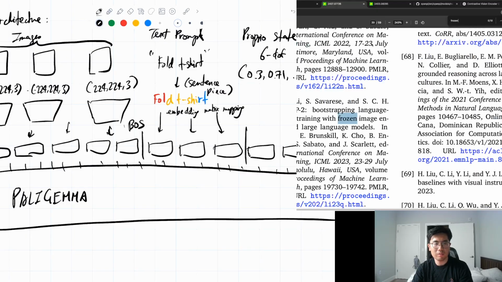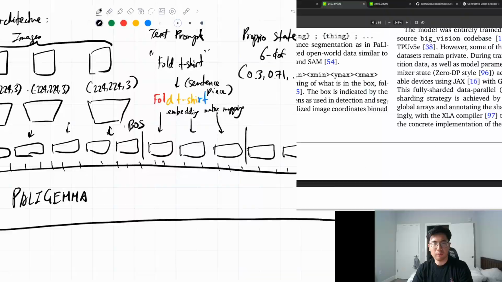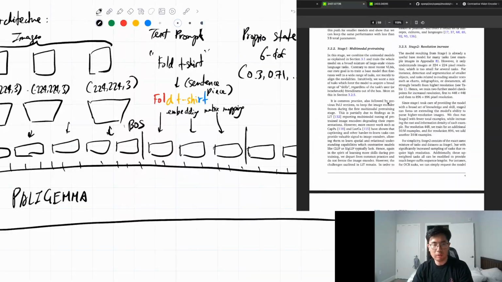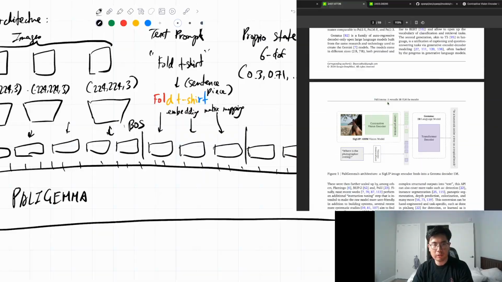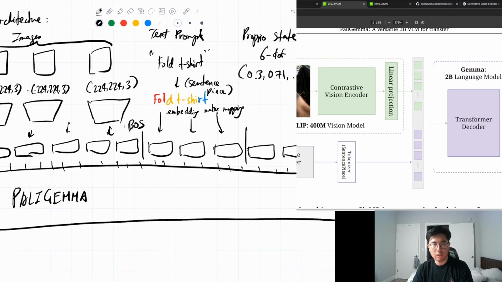To freeze or not to freeze. Yeah, so I guess it is frozen. That means that the weights are not updated for the image encoder, and the image encoder is SigLIP. How SigLIP is implemented, I have no idea, but you can imagine it's some big transformer, right?